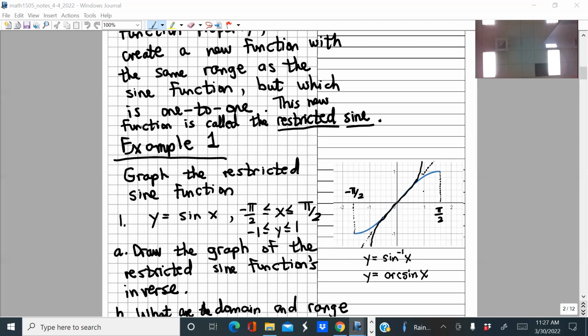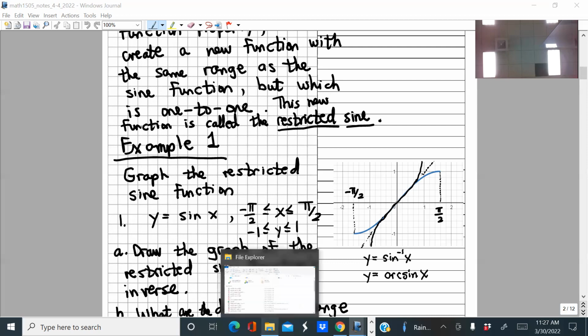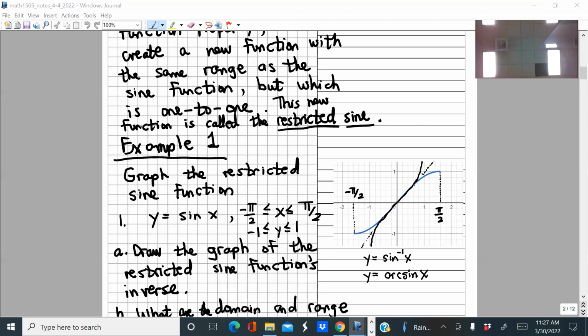Now, what's the inverse going to look like? Well, we can imagine it. Remember the blue curve here, that's the original sine function, except we've restricted it, cutting its domain down to just minus pi over 2 to pi over 2. And I put in here the 45-degree line.